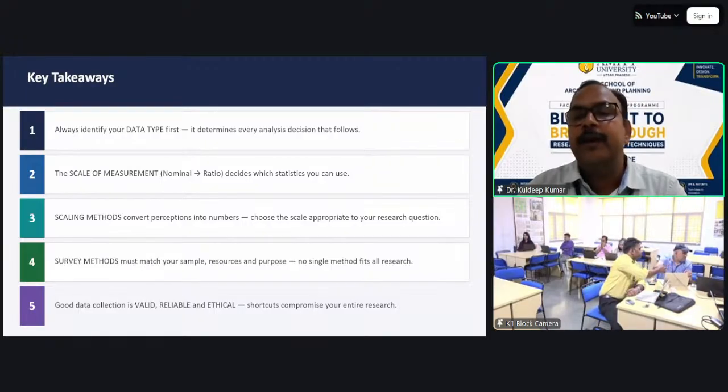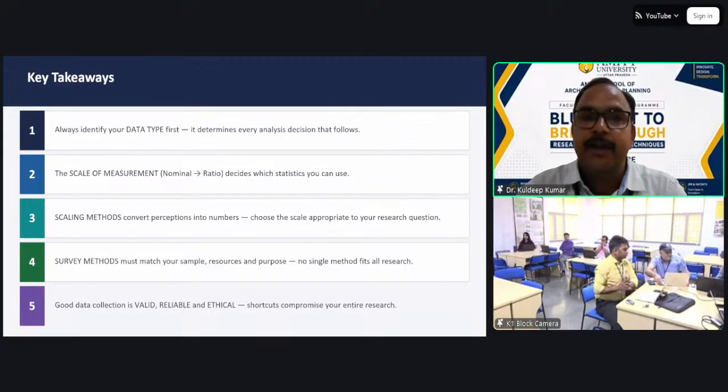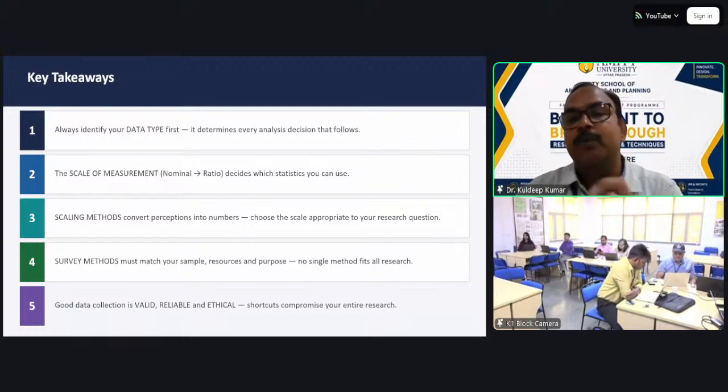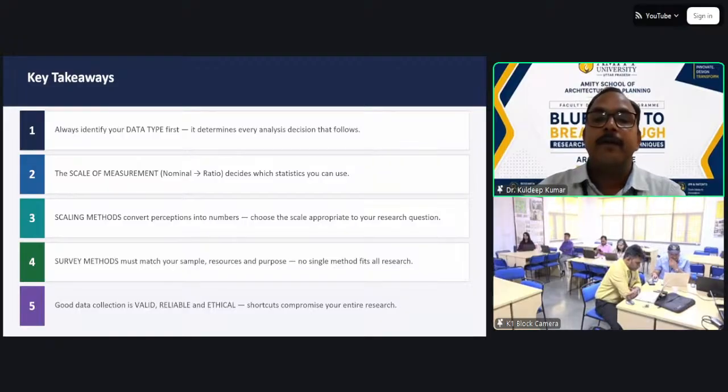This must be matched carefully to your sample, your resources, your timeline, and your research question. That is most important. Remember that there is no single best method in this case. A well-designed mixed method approach is always good.